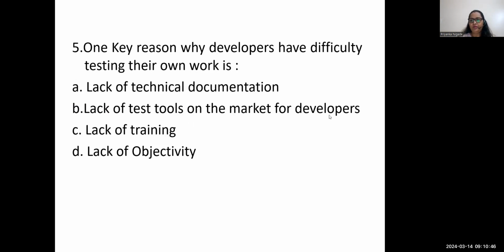The next question: one key reason why developers have difficulty testing their own work. Is it because of lack of technical documentation, lack of test tools in the market for the developers, lack of training, or lack of objectivity?